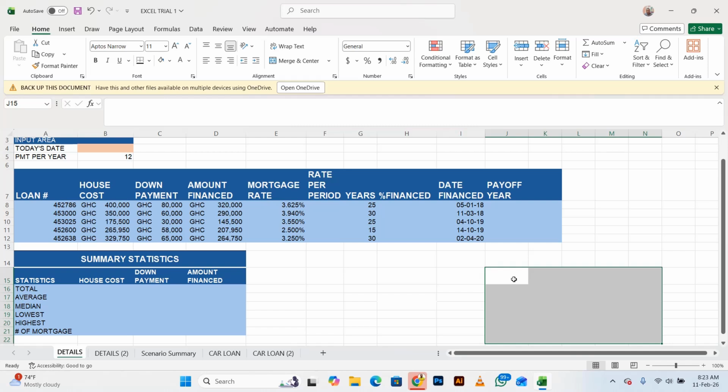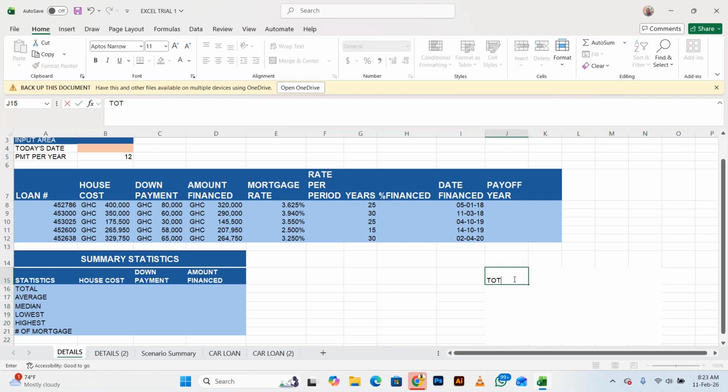So the rate per period is equal to the total rate per annum divided by the number of payments. So this is the formula.